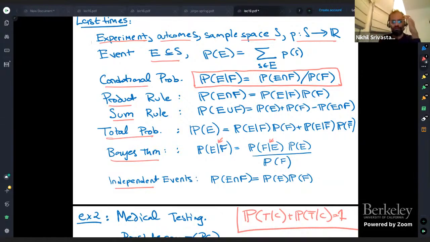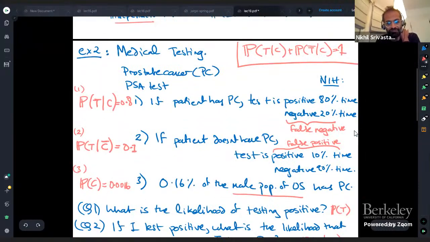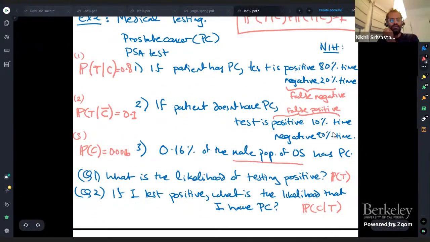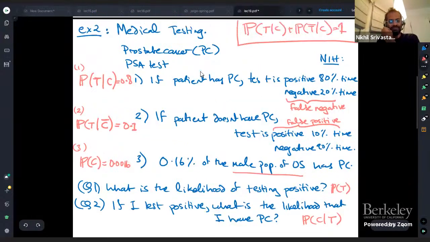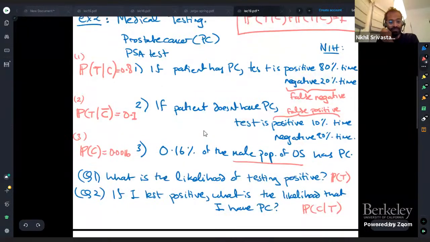One important instructive example that we did last time to illustrate a lot of these concepts was this medical testing example, which I've written here again. I won't review the whole example, but there was a disease, and we had data that were estimates of the conditional probabilities of a positive test given that you have the disease and given that you don't have the disease.